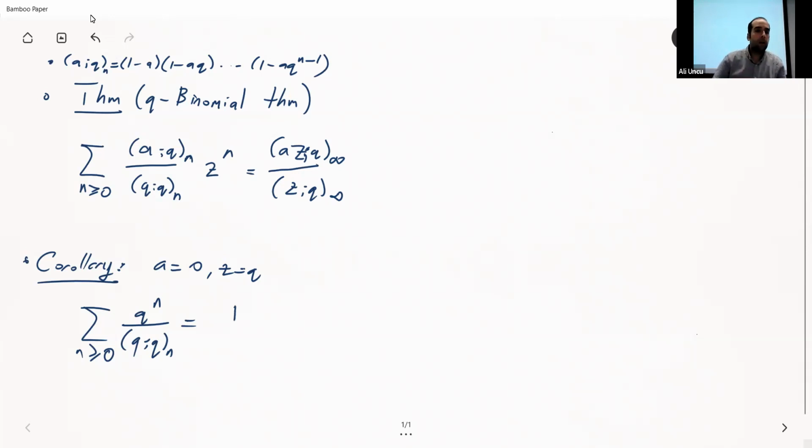So you end up getting a 1 in the numerator, and I plugged in z to be q, that became (q;q)_infinity, right? So for this one, we needed to just say that q to the n is one column of n things, then the next piece, 1 over (q;q)_n, is the generating function for partitions into less than or equal to n parts. And we need to combine many things. But with this one formula, the q-binomial theorem, we actually get 4 of these previous formulas that we proved combinatorially.